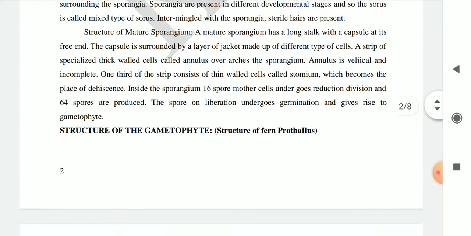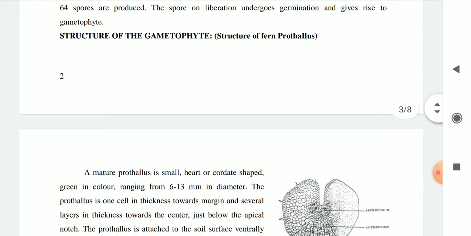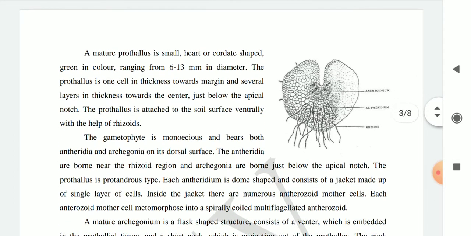Usually the spore mother cells total 16, and they undergo meiotic division to produce 64 spores. These spores germinate and produce the new plant, that is, the gametophytic phase. During the gametophytic phase, first a prothallus is formed.